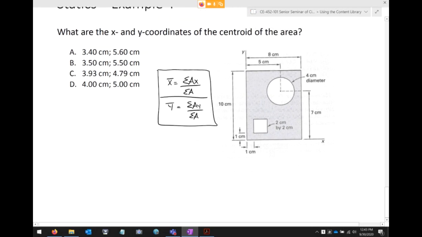Anybody notice like a test-taking strategy? Let me ask it this way.